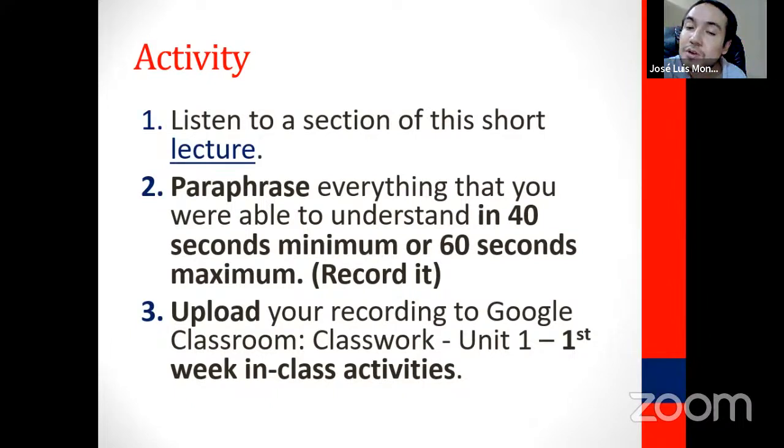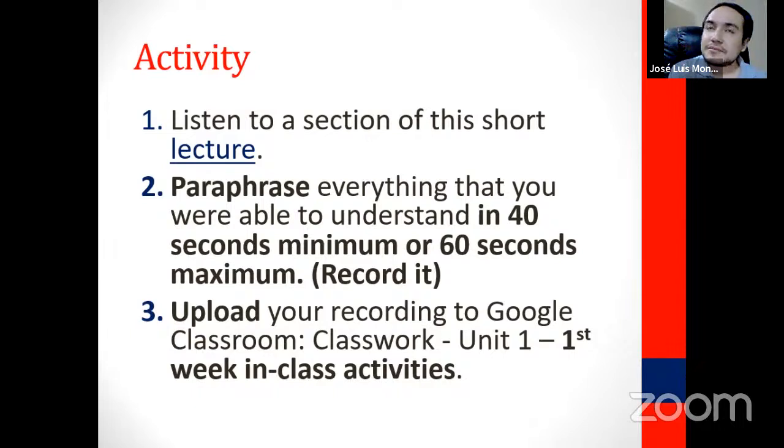Then try to record yourself explaining everything you were able to understand in a limited period of time. Here I'm giving 40 seconds minimum, 60 seconds maximum. The idea is to convey the main information that you were able to get, to make others understand that you are able to follow.